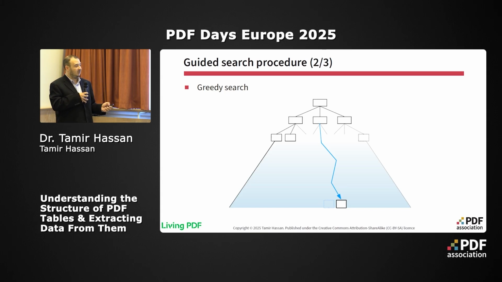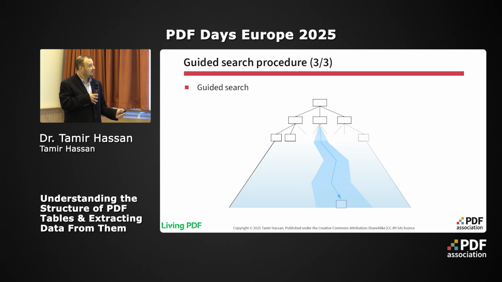But if at each step we consider other plausible decisions, then we can cover a somewhat larger number of possibilities and hopefully find the global maximum.